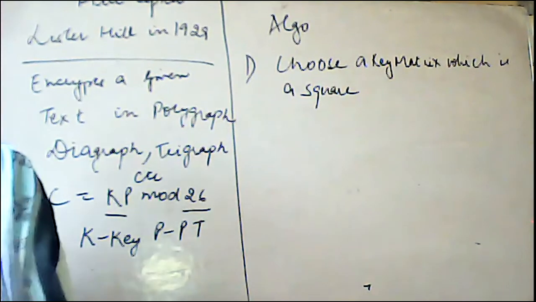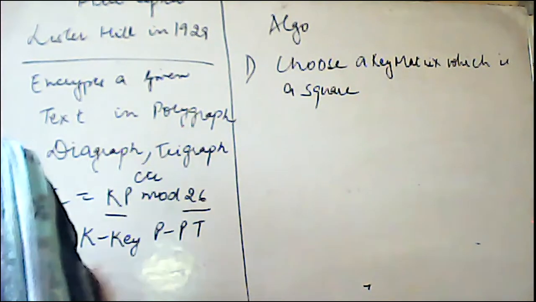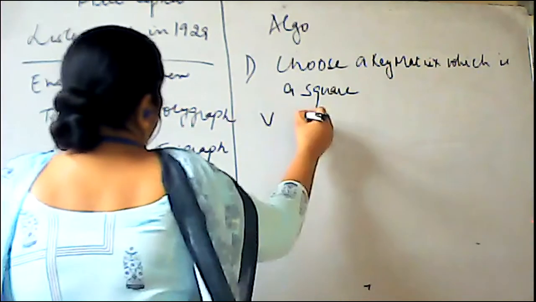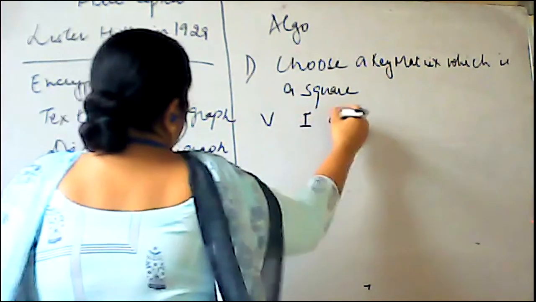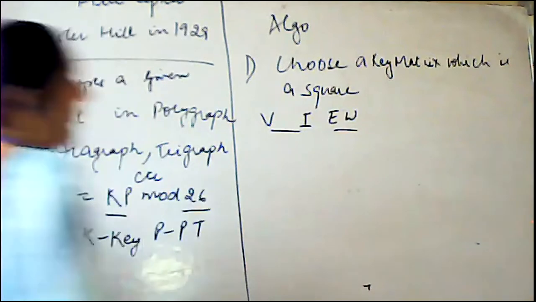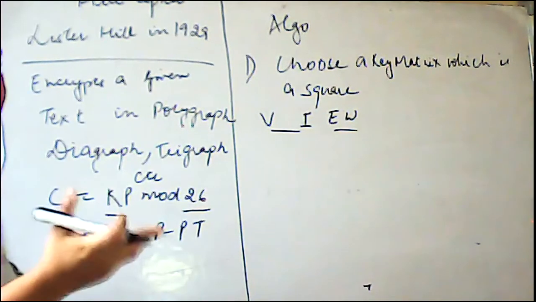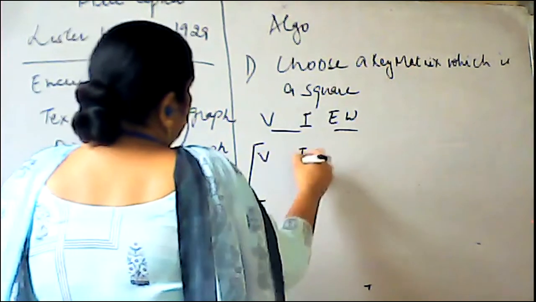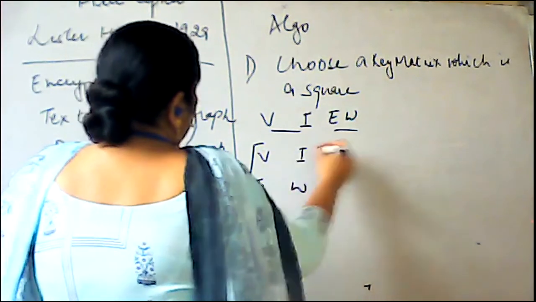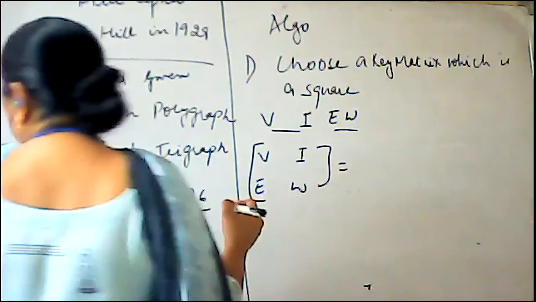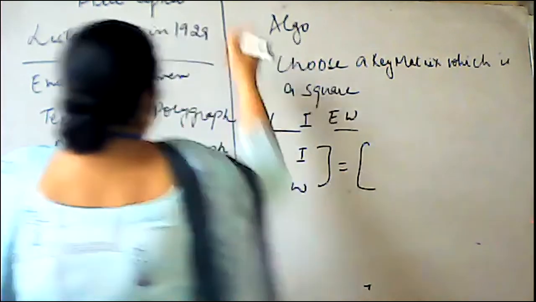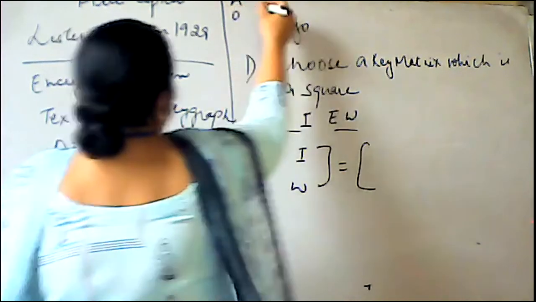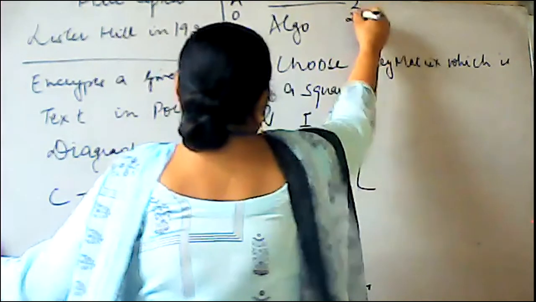Fine. For example, you are taking VIEW. 2 by 2 means any key which is a combination of 4 letters. So you will write it like VIEW. So what will be its values? Starting A from 0 till Z, you will go till 25.